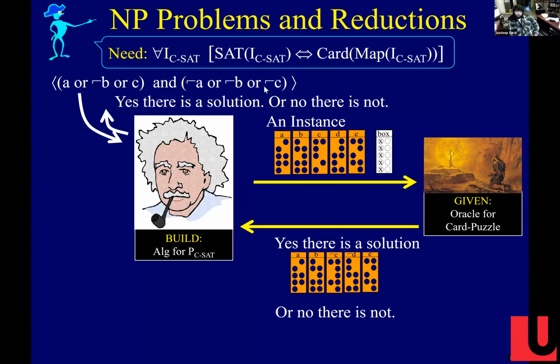What we say is for every variable we have a card. For every clause we have a row. Does that make sense? So then, for example, for the first clause that we have there, that'd be row 1? Yes. Right?